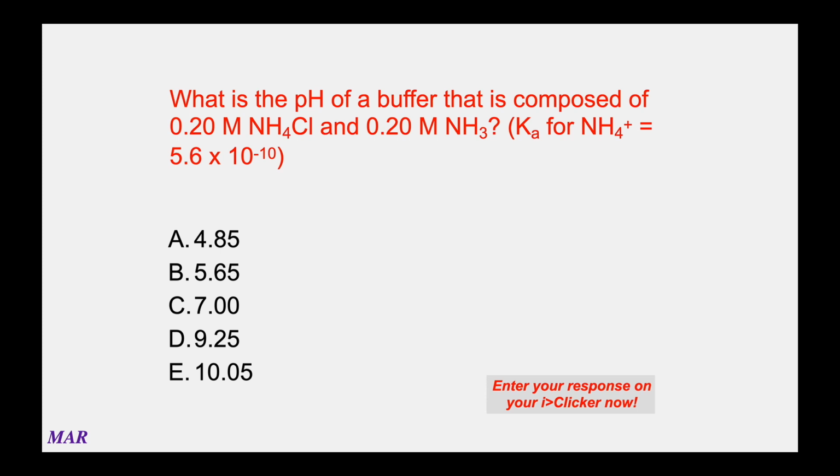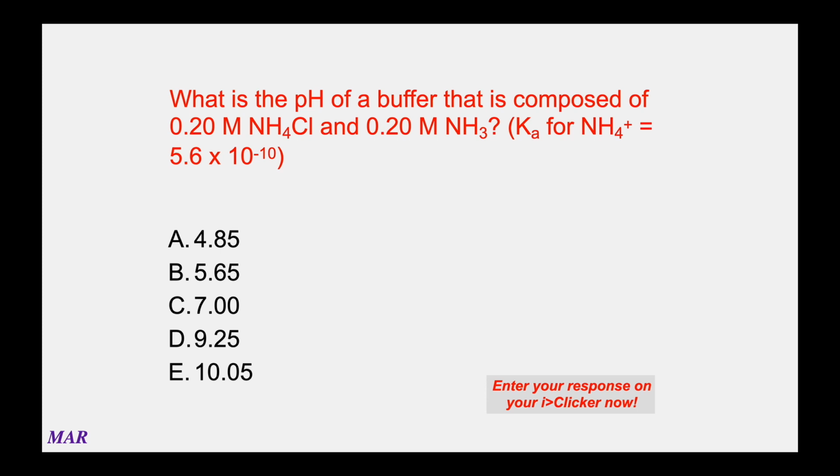I'm assuming you've worked on the problem, you want to talk about the answer, so let's do this problem. Okay, like I said earlier, there are a couple different ways you could do this problem. You could set this up as an ice table, all right? You'd have ammonium chloride plus water basically making ammonia and hydronium and chloride, and you pull the chloride out.